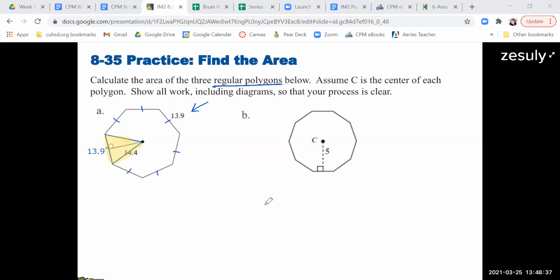We have everything we need to find the area of this triangle. So we're just going to go ahead and do it. I'm going to jump to like step 4, basically, and go: the area of the triangle is equal to 1/2, or 0.5, times the base, 13.9, times the height, 14.4.